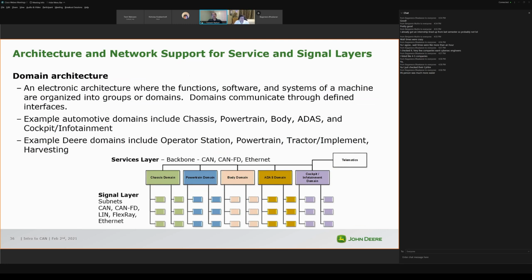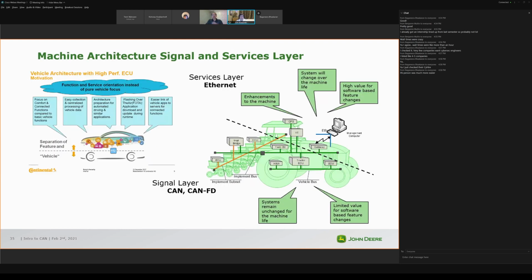Another aspect about machine design that's not often thought about, but by far the most expensive: Subash, if you go back to that diagram you had, by far the most expensive components on those machines are not the controllers, it's the harnesses. Getting production harnesses that will meet the needs, connecting to all the sensors, routing them back to the controllers, will cost a lot more than the controllers on any machine.